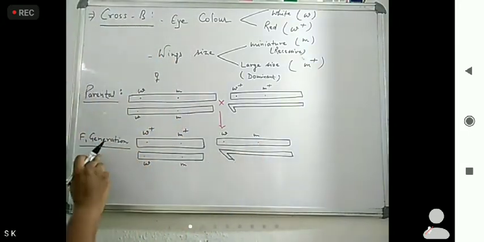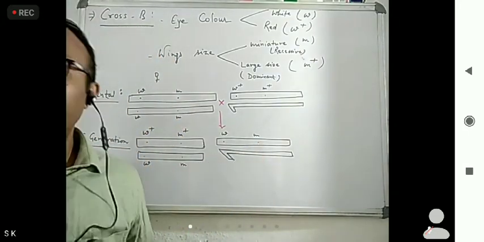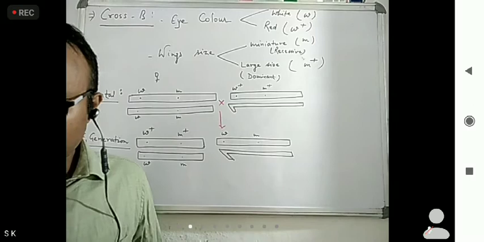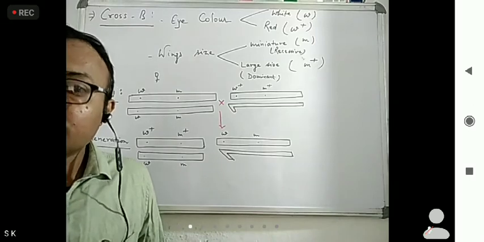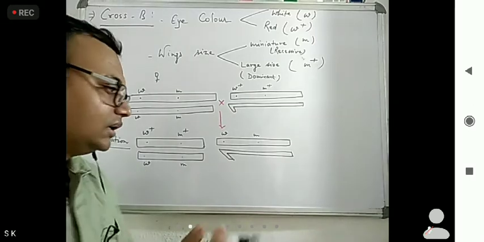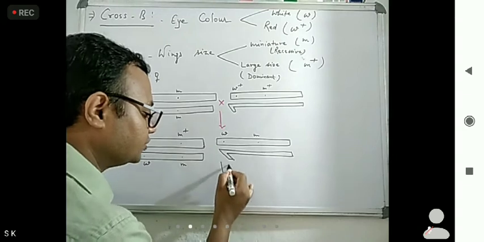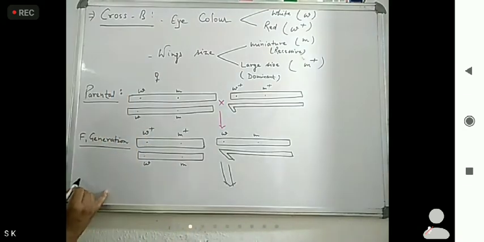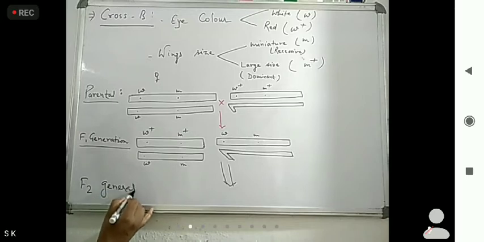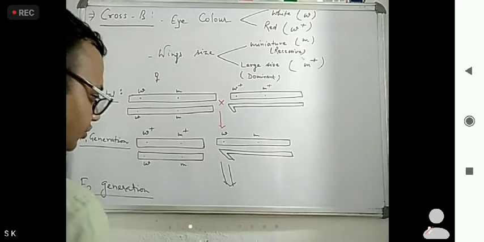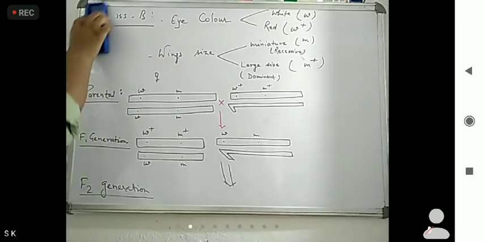So this is what they received in the F1 generation. In the next F2 generation, because the F2 generation gives the result or outcomes of this cross B, we come to the F2 generation.